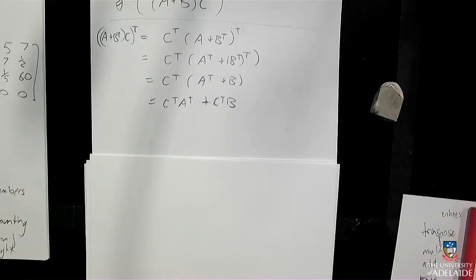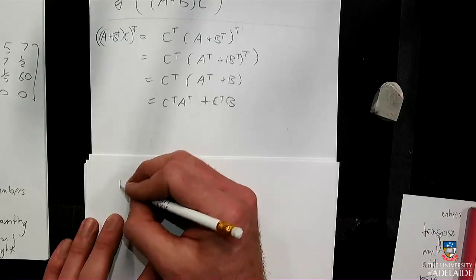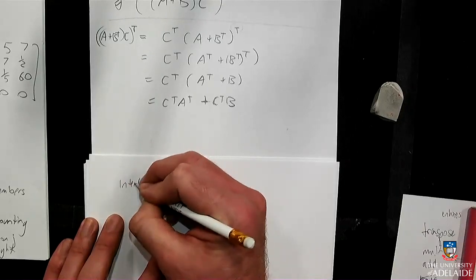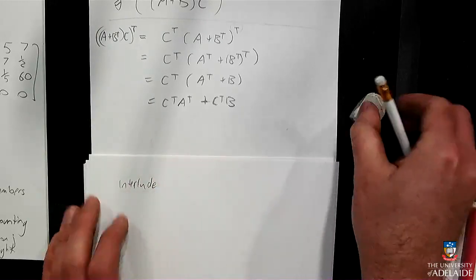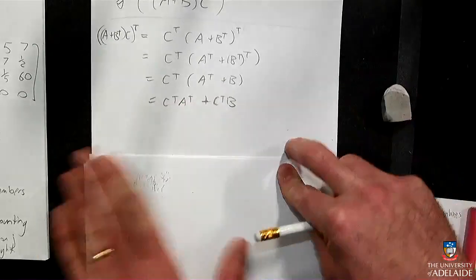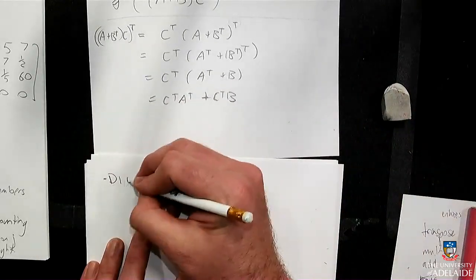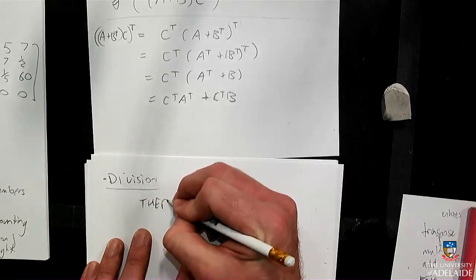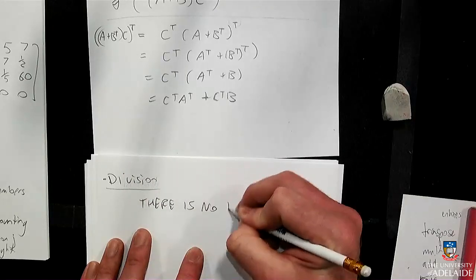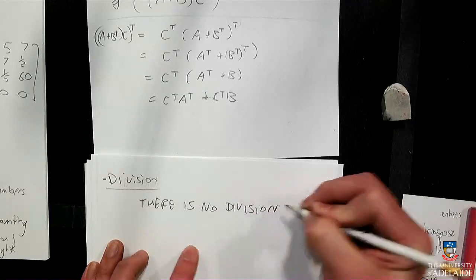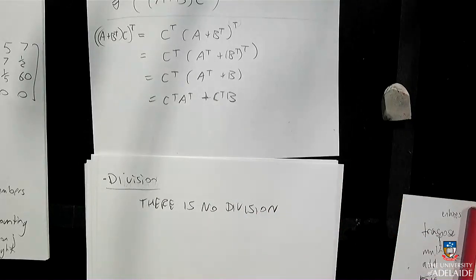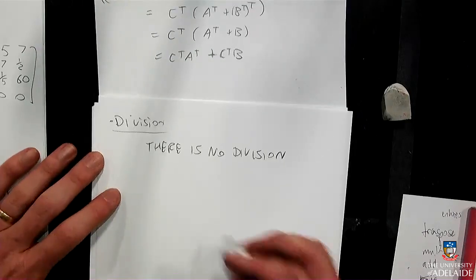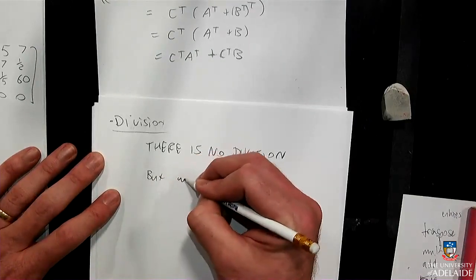Okay, so just an interlude. No, actually, I'm just going to do it. I'm actually going to say division. There is no division for matrices, flat out. But there is this.